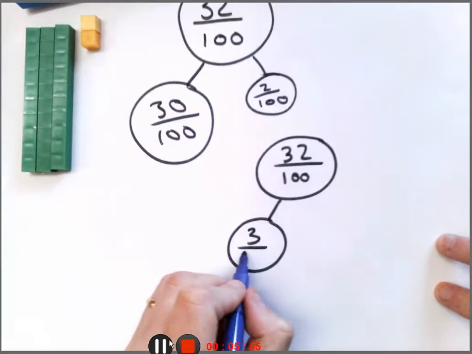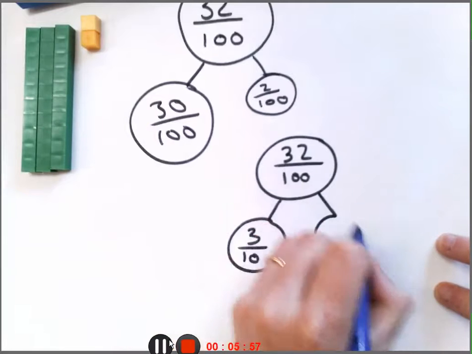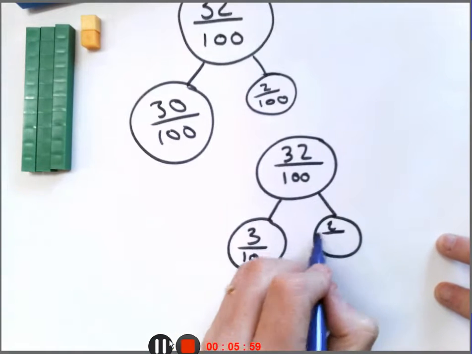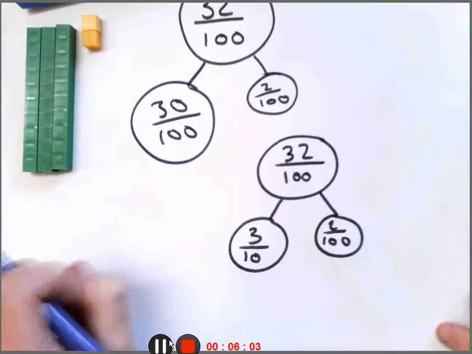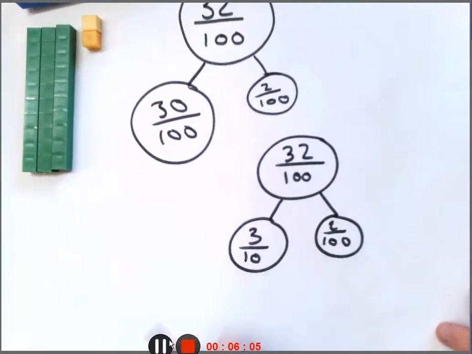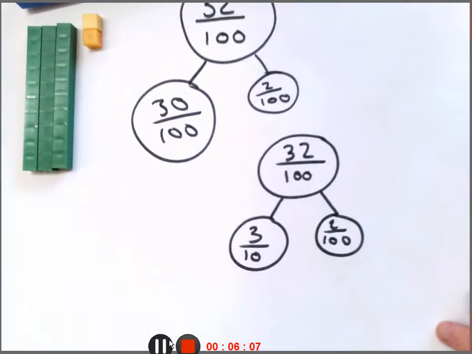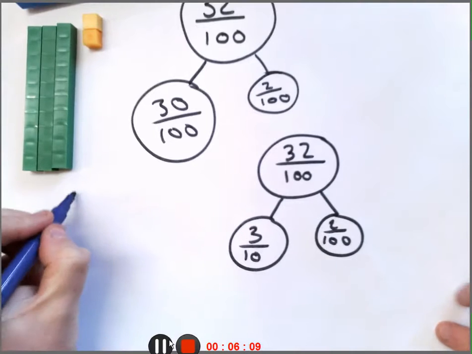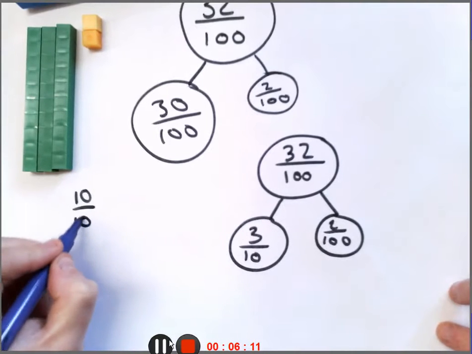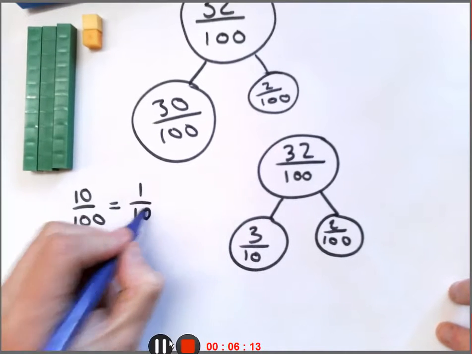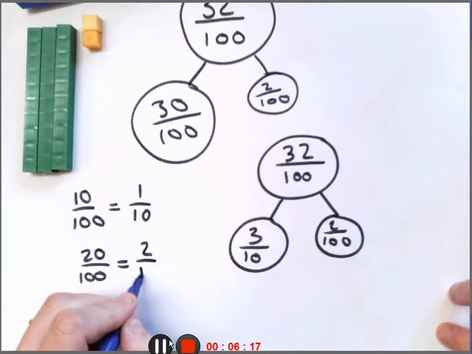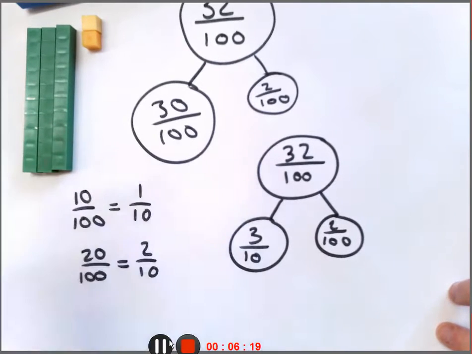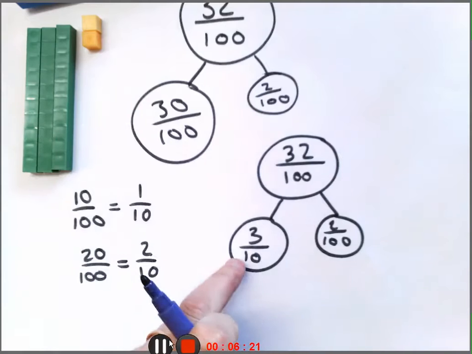So I could say I've got 3/10ths and 2 hundredths. And what I've shown here is my understanding that 30 hundredths is the same as 3/10ths, because 10 hundredths is 1/10, 20 hundredths is 2/10, so 30 hundredths is 3/10.